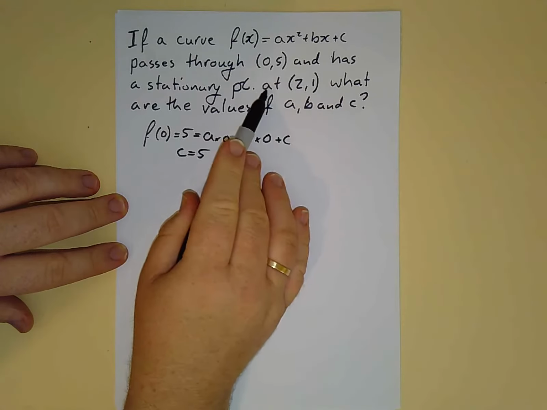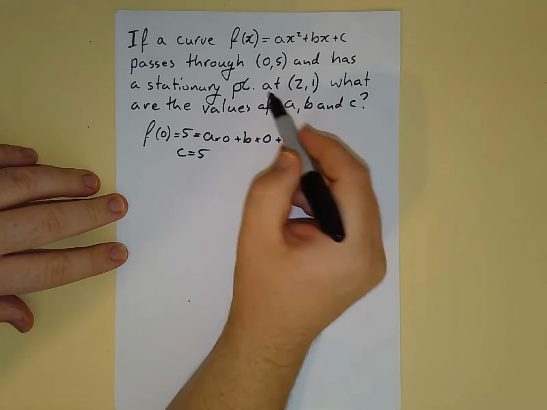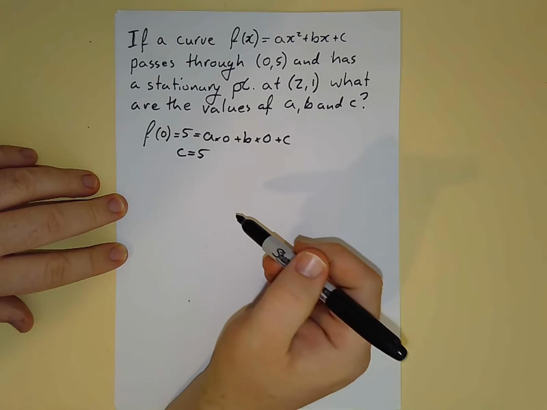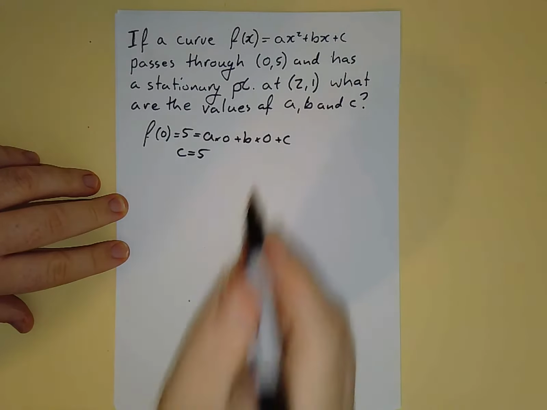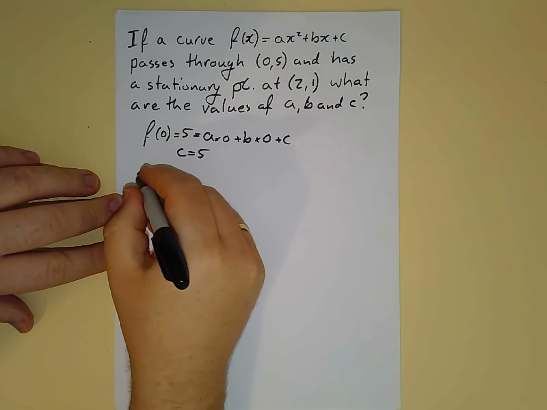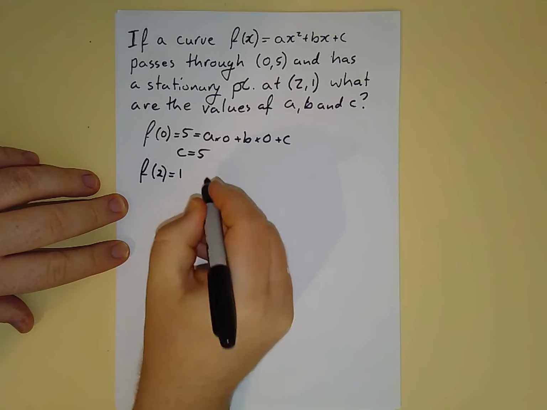Now, it says the stationary point is at that point. Well, firstly, if it's at that point, that must be a point on the curve as well. So let's put this in. I'm going to go f of 2 must equal 1.